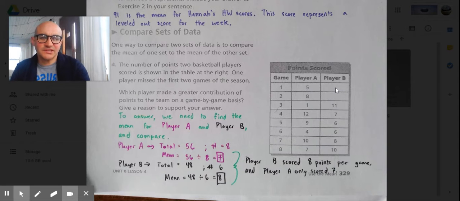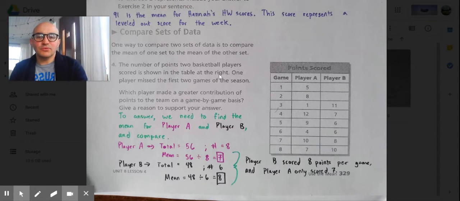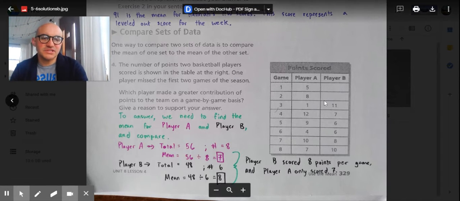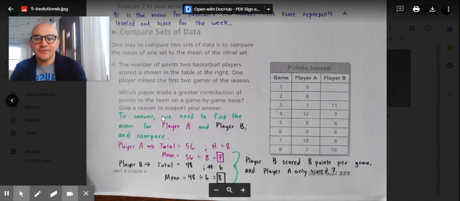But in this case, these are blank for a reason, and the instructions explain it. It says one player missed the first 2 games of the season. So he's not going to have scores because, let's say, his leg was healing. But on game 3, this person was able to play and put some points on the board, and we've got it listed there.